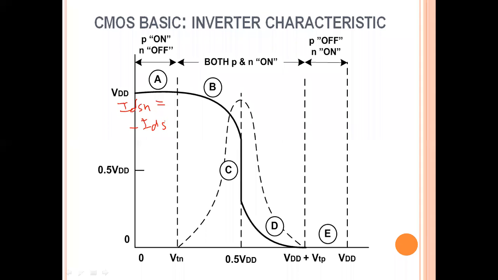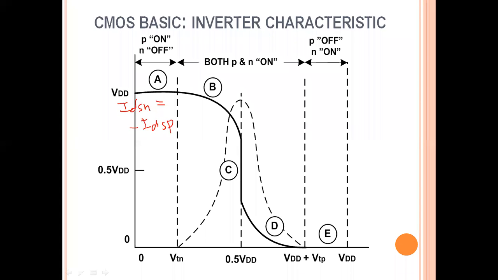This is the relation between the drain currents flowing through the NMOS and the PMOS transistors, right?